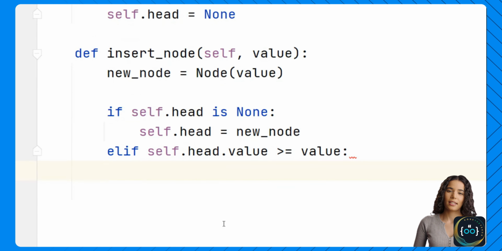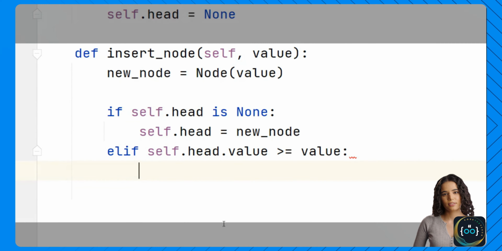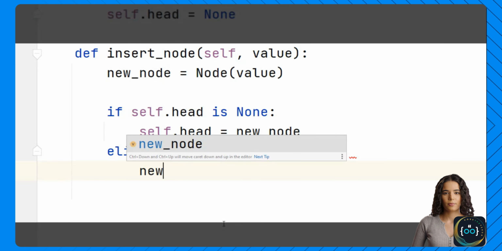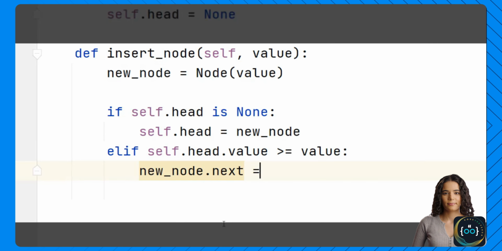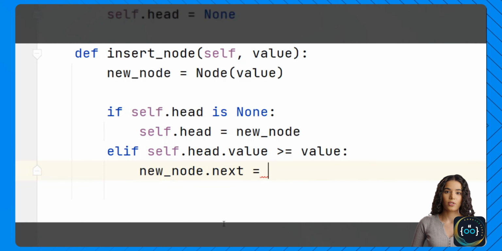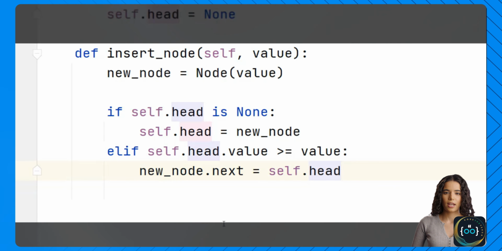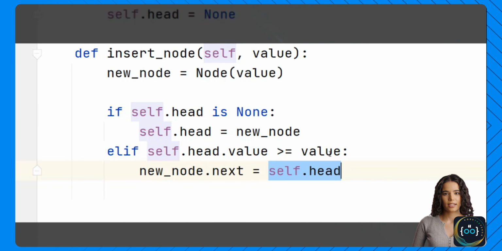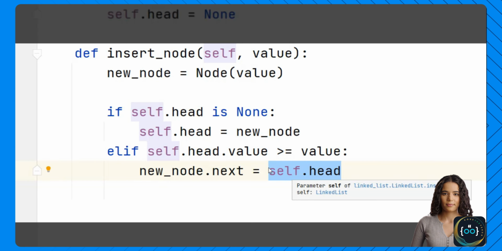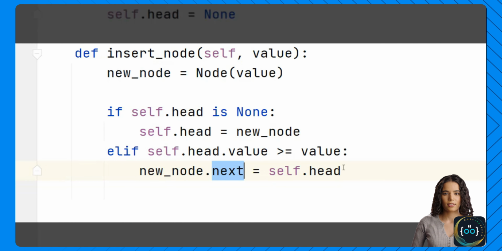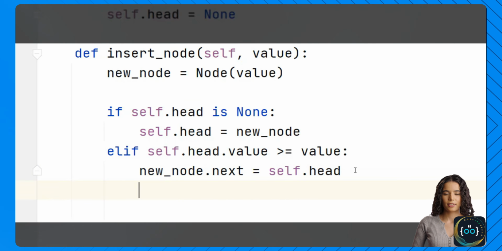So what are we going to do? We are going to change the pointers, like this. The new node is going to point to the head node, to what used to be the head node. At this point, it's still the head node, so we are reassigning the pointers. We're taking the first node, and we're saying the new node will point to the first node in the list.